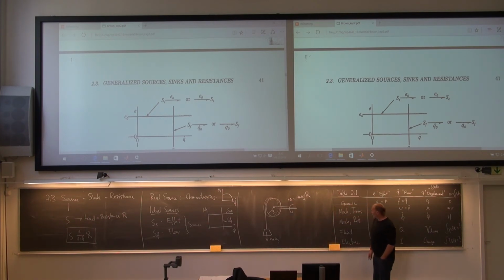You can have the same ideal effort source in translatoric problems, where things move only in a straight line. Of course, gravity is the same force, regardless of whether you move or not. So here also gravity will give you a perfect ideal source.